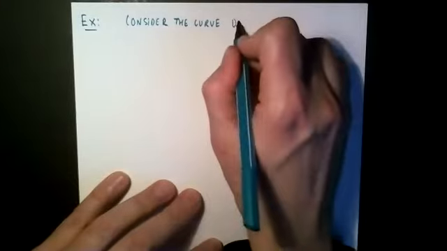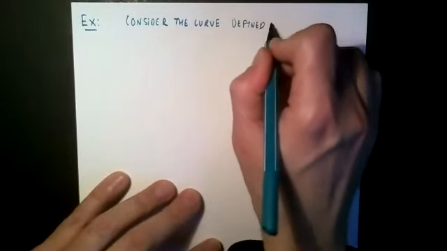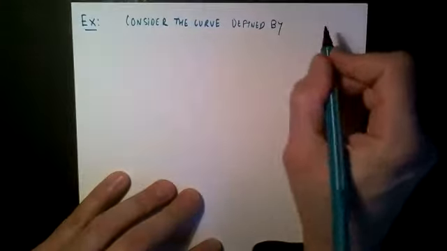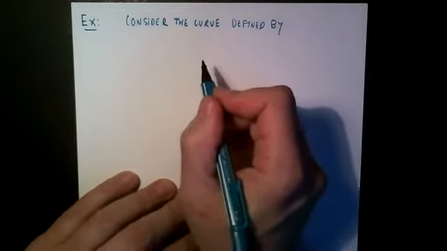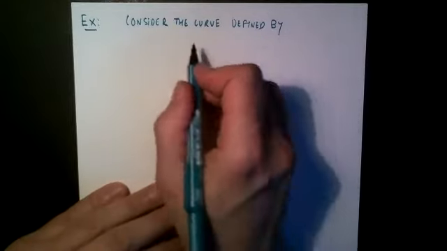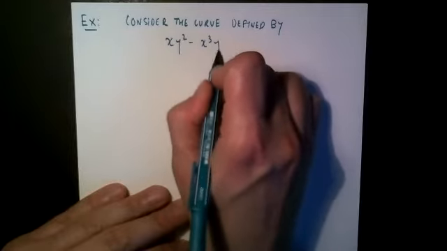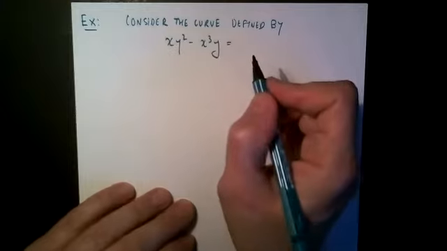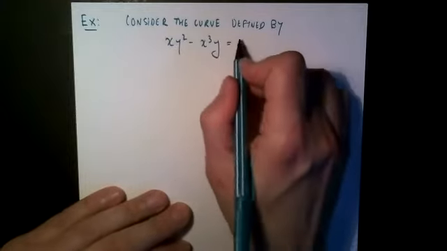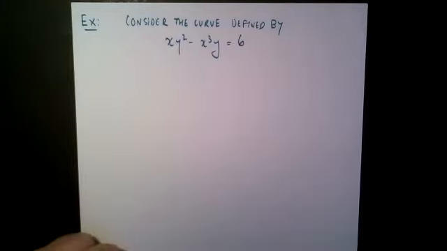Defined by xy^2 minus x^3y is equal to 6. Okay, so that's a curve.